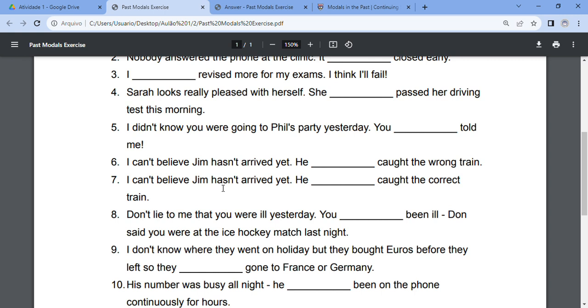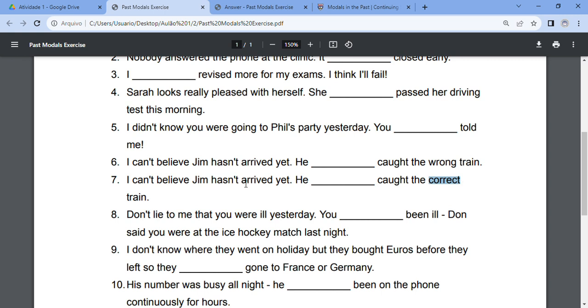He can't have caught the correct train. Okay, so sorry, in this sentence, the next one. I can't believe Jim hasn't arrived yet. He something caught the correct train. So he can't take the correct train and be late, right?